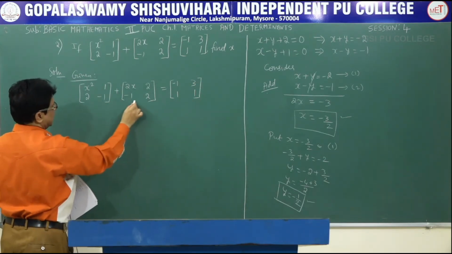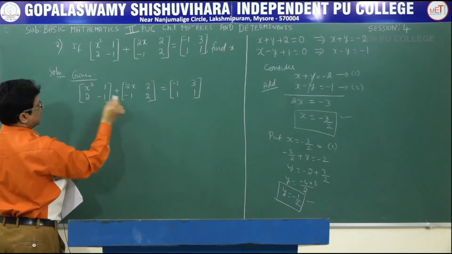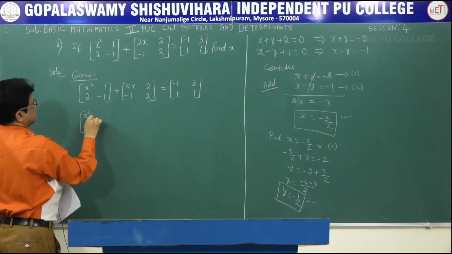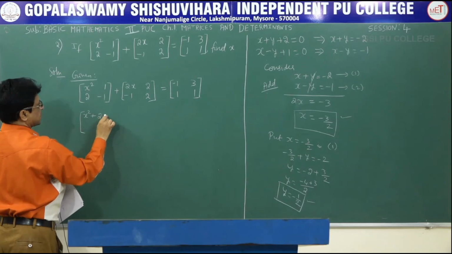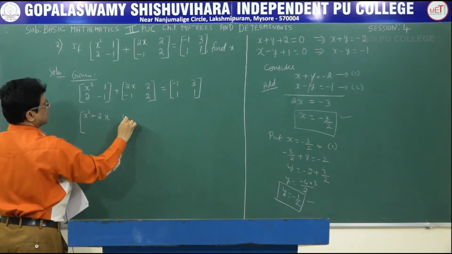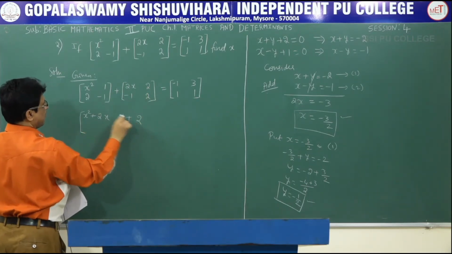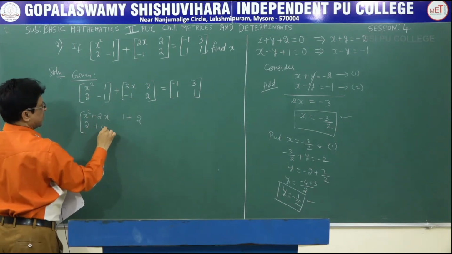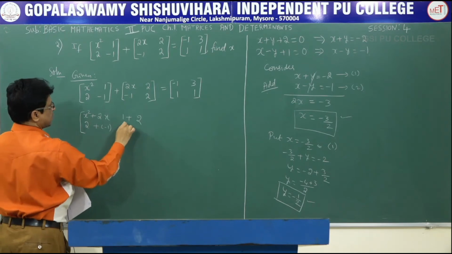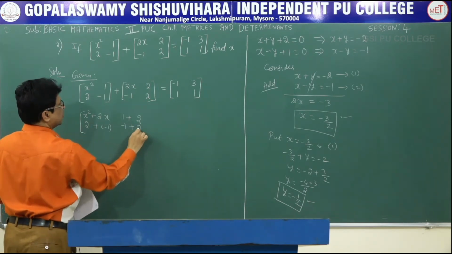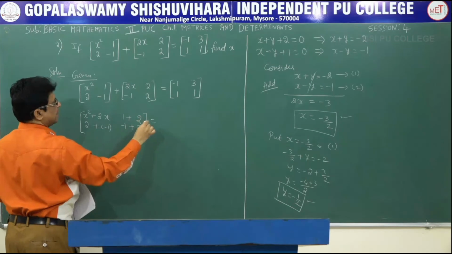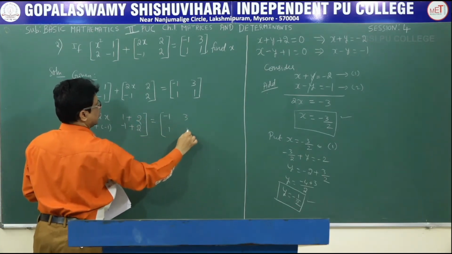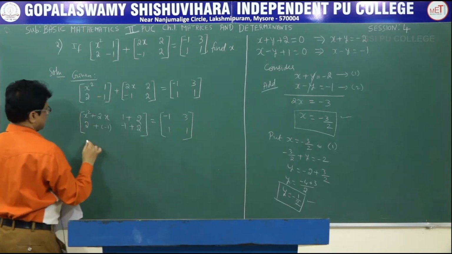So let us add the corresponding elements in the left hand side. So x square plus 2x, 1 plus 2, 2 plus minus 1, minus 1 plus 2, that will be equal to [minus 1, 3; 1, 1].